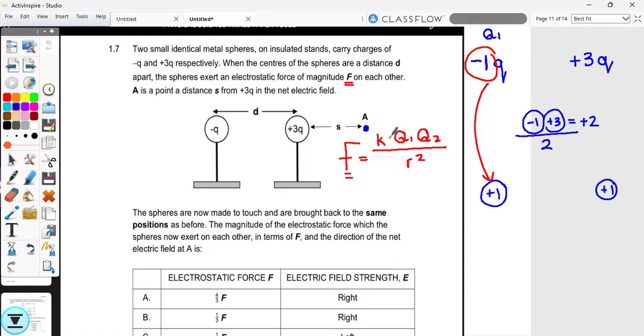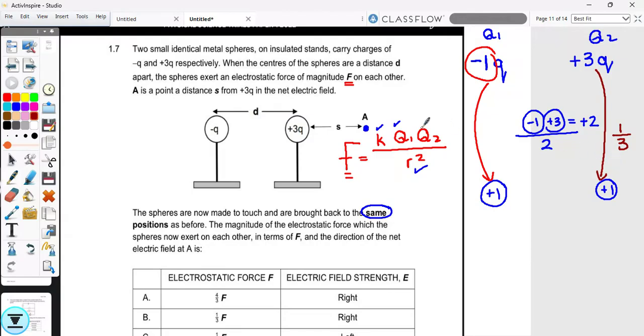So Q1 is still Q1, K is still K. They told us that they take them to the same positions as they were before, so R is still R. So if we're calling this one Q2, the only thing that changed was Q2, because Q2 went from being plus 3 to being plus 1. So it's now a third of what it was. Are you with me there?